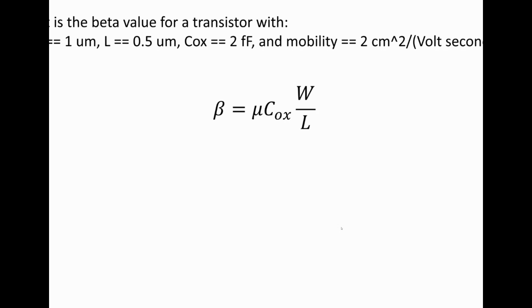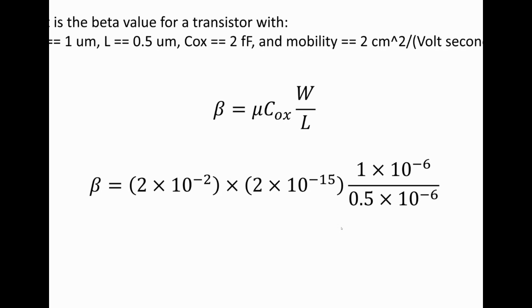The tricky part is what is the scale, though? What is the significance of the answer? So centimeters is 10 to the negative 2 meters. Then width and length are micrometers, microns, which is 10 to the negative 6.